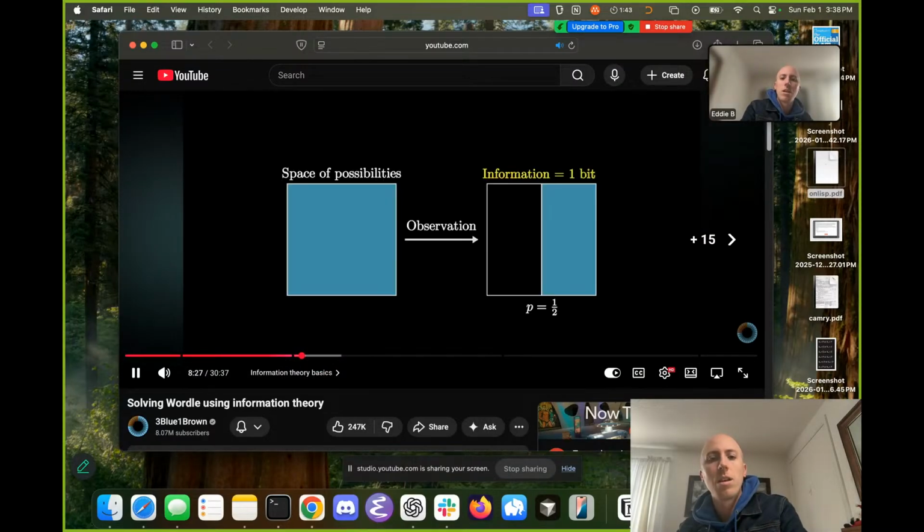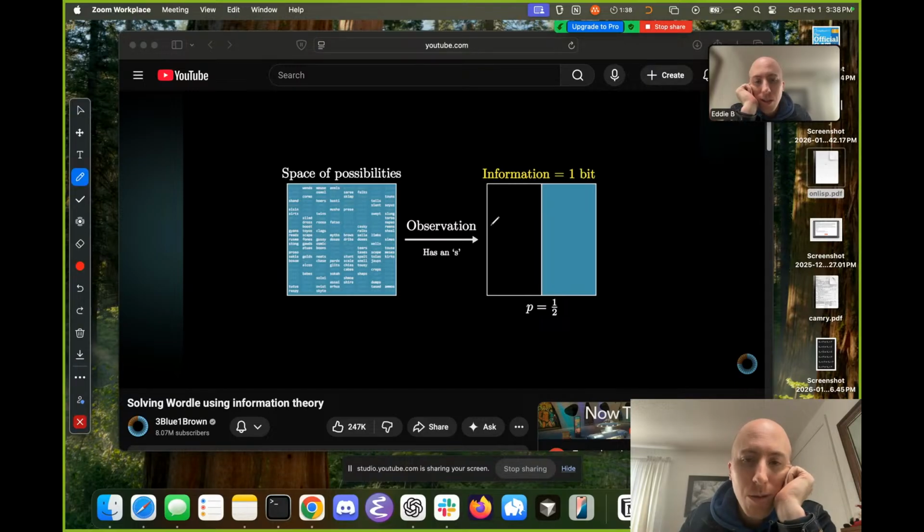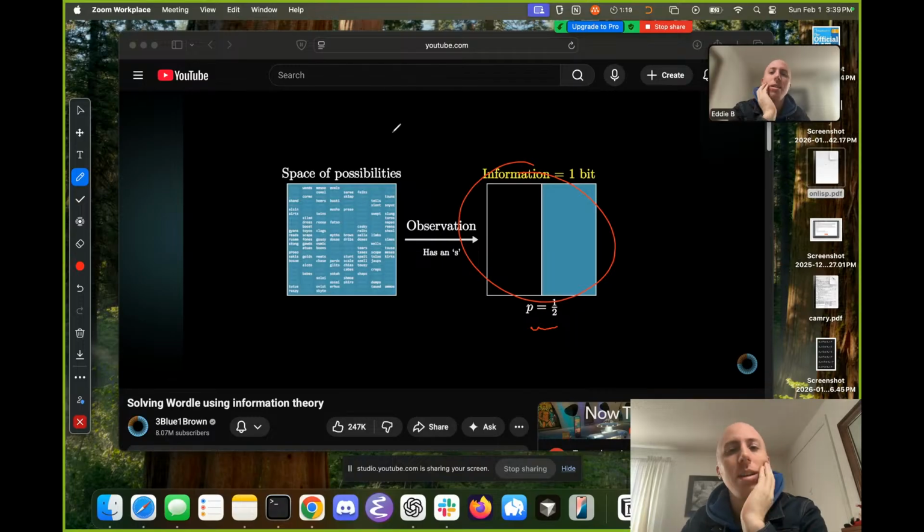What I wanted to say was the probability of your sample space shrinking in half is 1/2, because half of the words have an S. But that's not true. The probability of your sample space shrinking by a half, if you guess S, is 1. Because if it has an S versus it doesn't have an S, it's 50-50 in both cases.